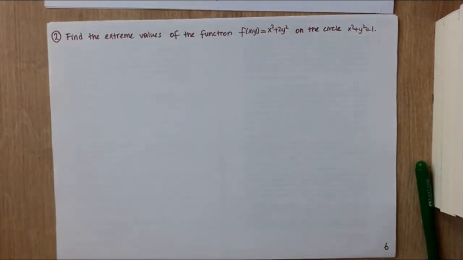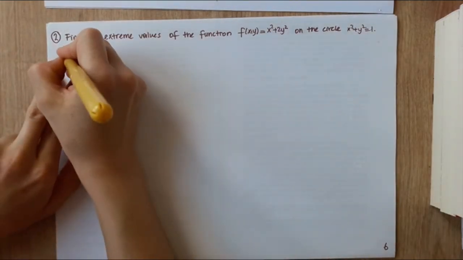And here we want to find the extreme values of the function f of xy equals x squared plus 2y squared, on the circle x squared plus y squared equals 1. Again, first of all, we should write the function to be optimized.